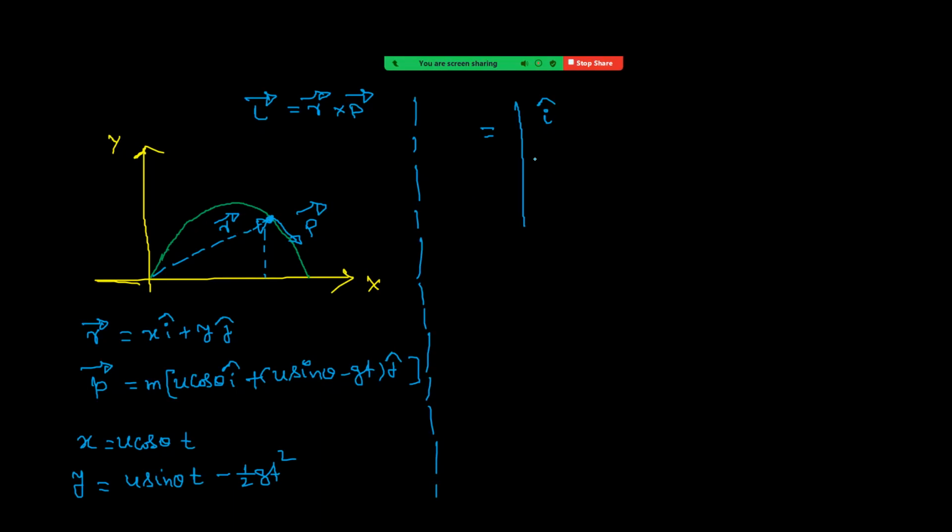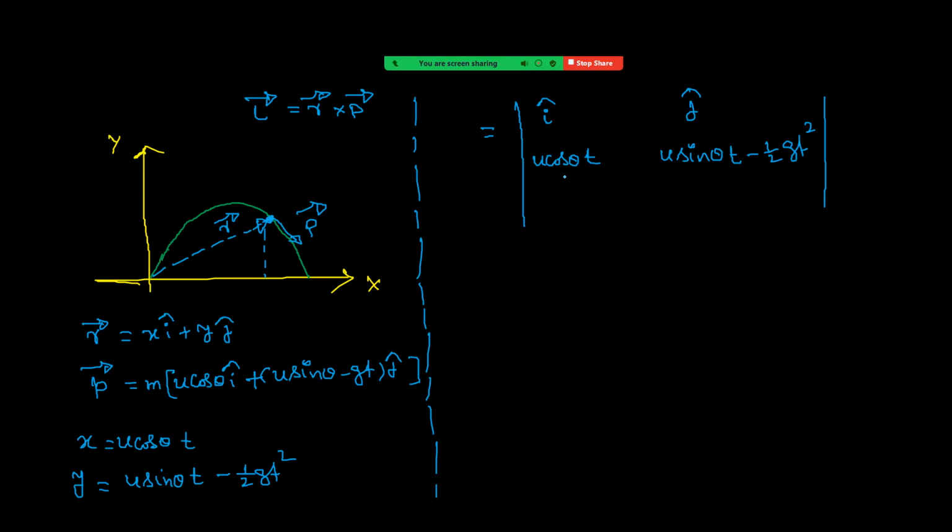X is u cos theta into t, and coming to j cap, it is u sin theta into t minus half g t square. That is R bar.